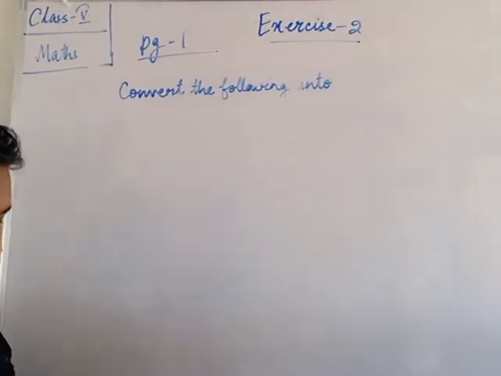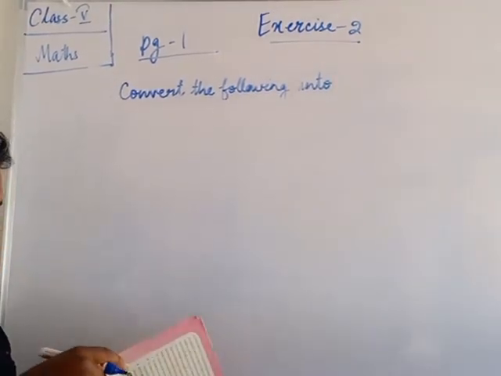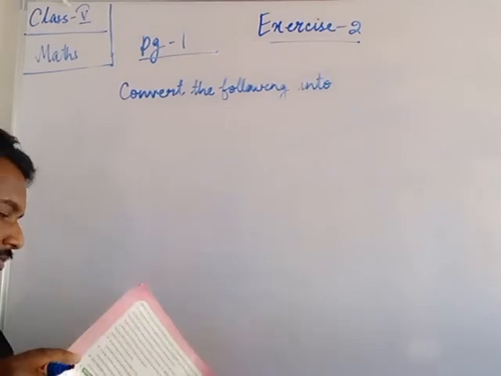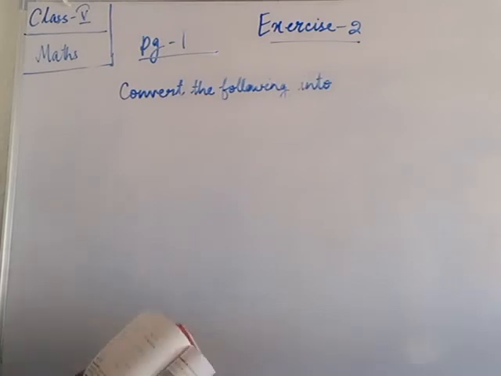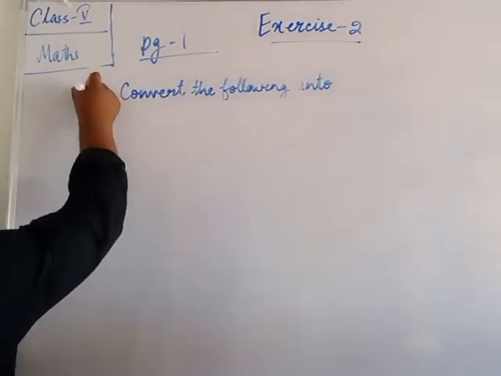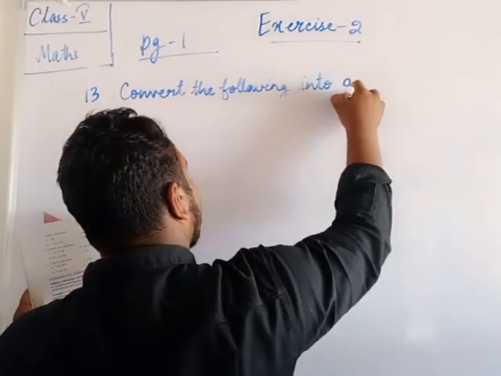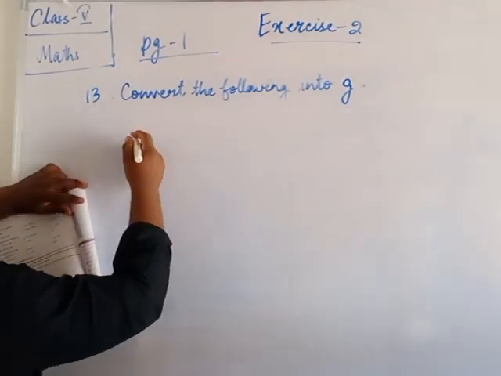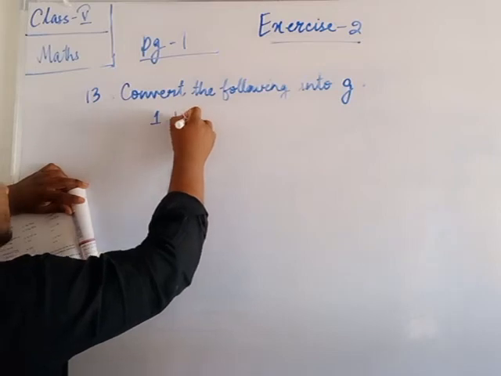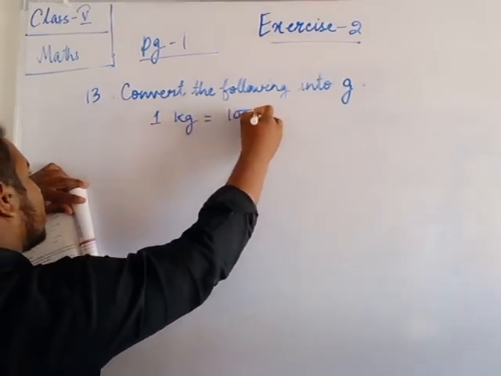In a very simple way, I am teaching you this one. Convert into grams. 13 number. Look here. 1 kg is equal to 1000 gram.